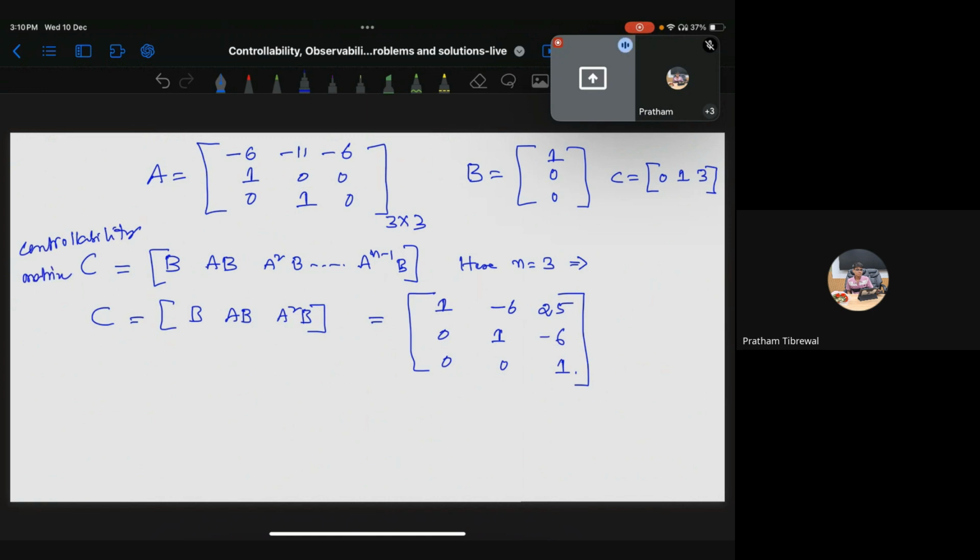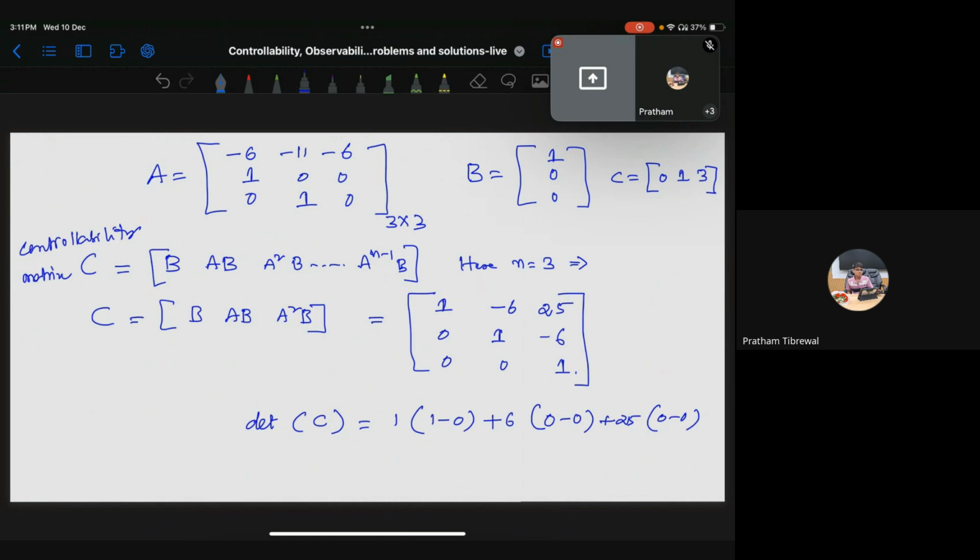Now if you find the determinant of C, that will be 1 times (1 minus 0), plus 6 times (0 minus 0), plus 25 times (0 minus 0).